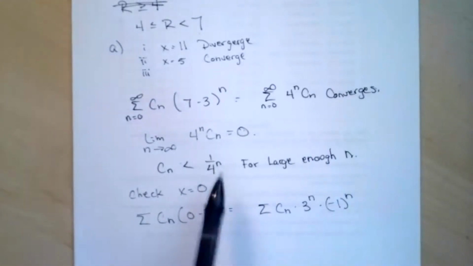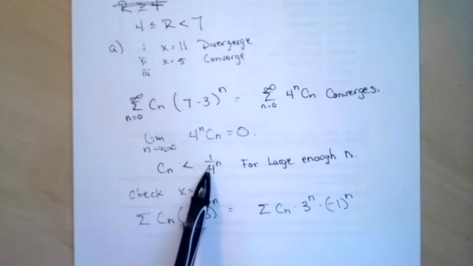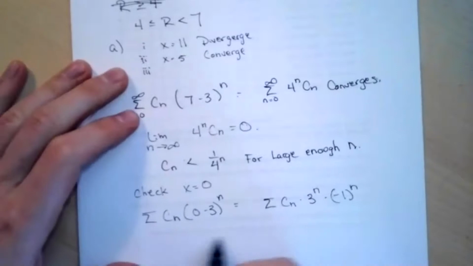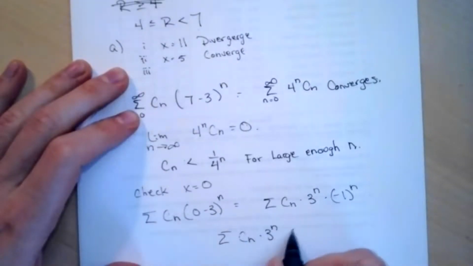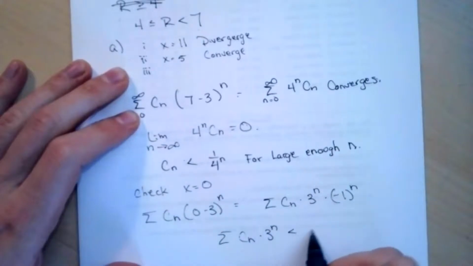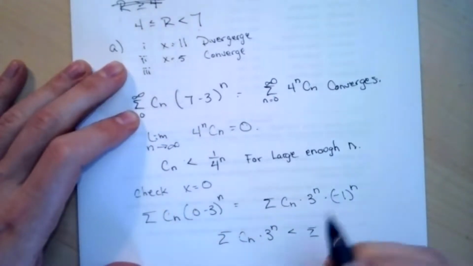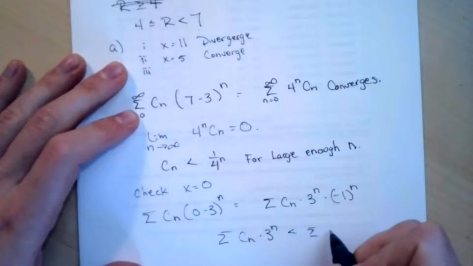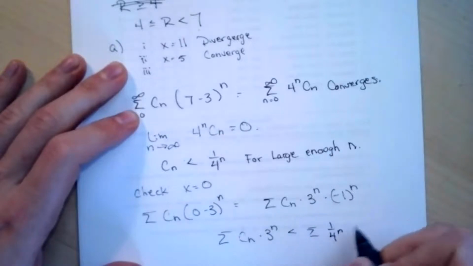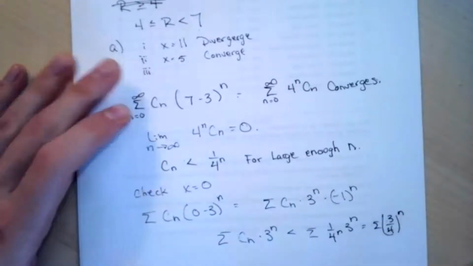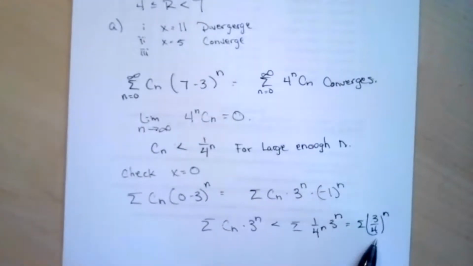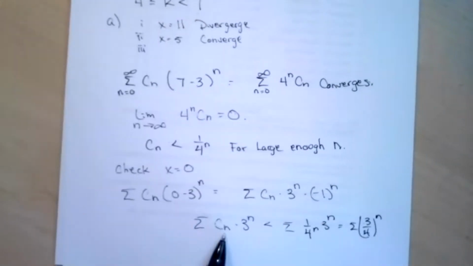It's going to get smaller even faster than this sequence. So we know that's in absolute value. This inequality will hold up to a large enough n. And that's just a decaying geometric series. And so we know this converges. So this is going to have to converge.